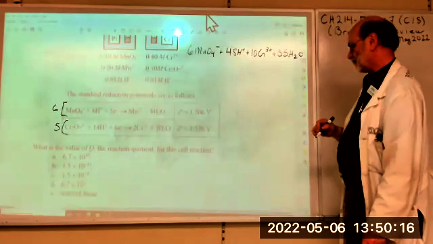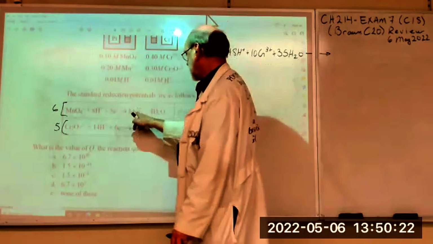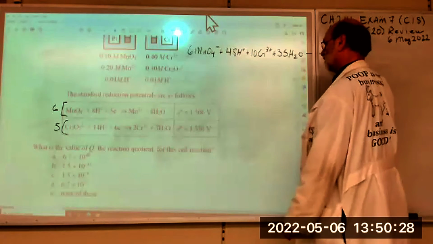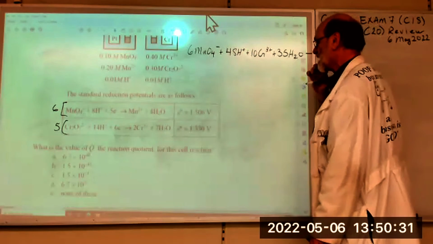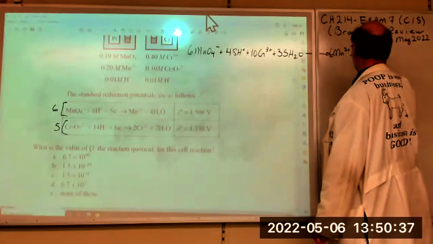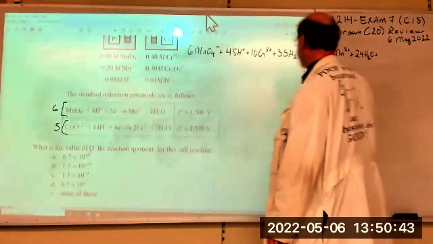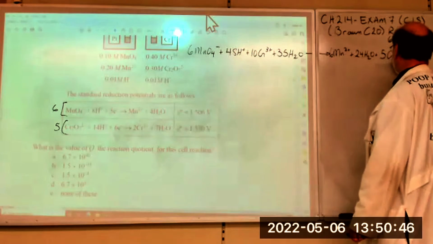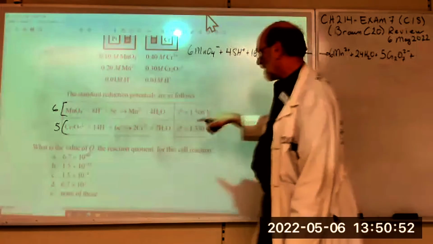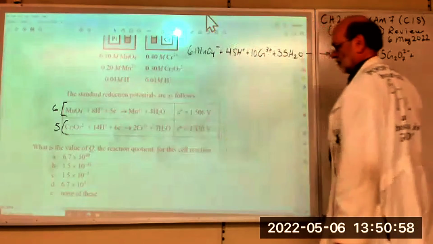There. Okay. And then we're going to have on this side the Mn2 plus. Oops, 6 of them. Almost forgot. And 24 waters. Then we have this side of the equation, 5 dichromates. Right. And then we're going to have, let's see, 5 times 14, right? 70 hydrogens.